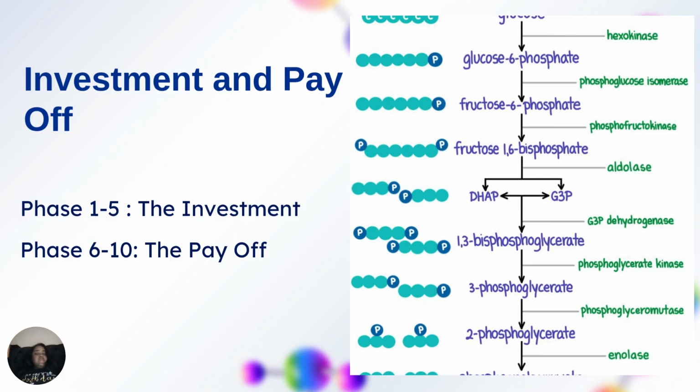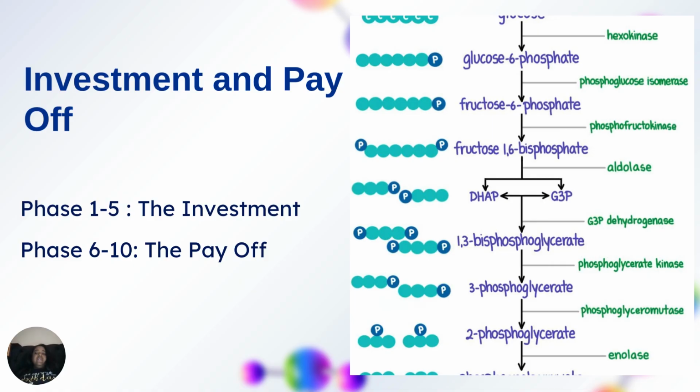This is known as PFK1. This is the second irreversible step and the main control point. This is where another phosphate is added, creating fructose 1,6-bisphosphate. This is important because this is the committing step. Once here, glycolysis must continue.